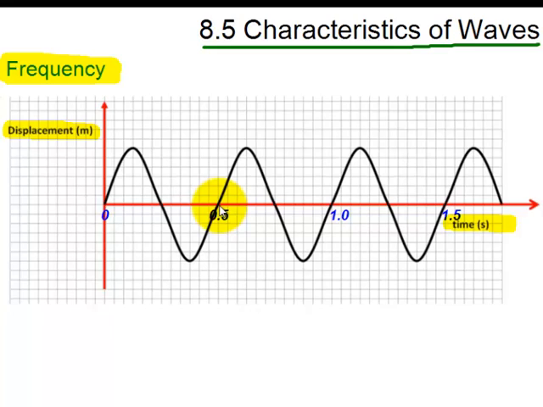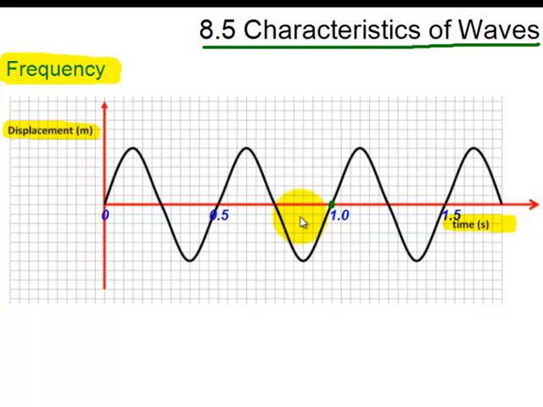Now, let us look at a time of 1 second from this point all the way to this point. 1 second. How many oscillations do we have there? 1, 2. 2 oscillations. So the frequency of this wave is 2 Hz.